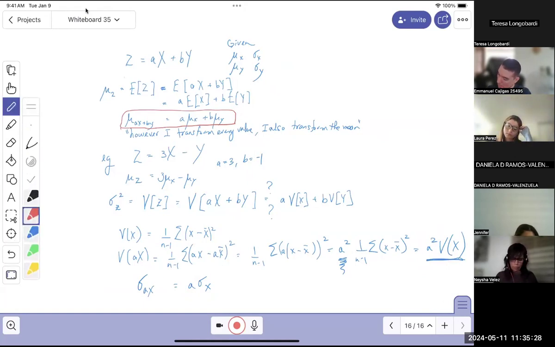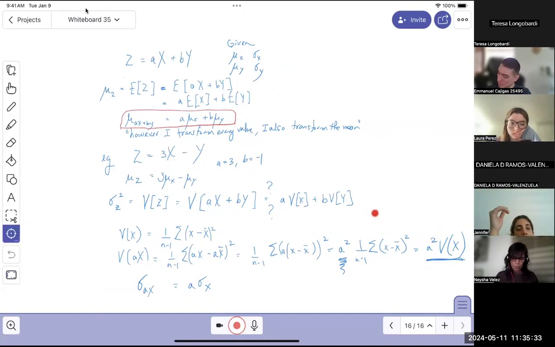And how does that affect my result over here? So the question was, whatever I do to the variable, do I also do to the variance? Well, no. What do I have to do? How do I fix this?